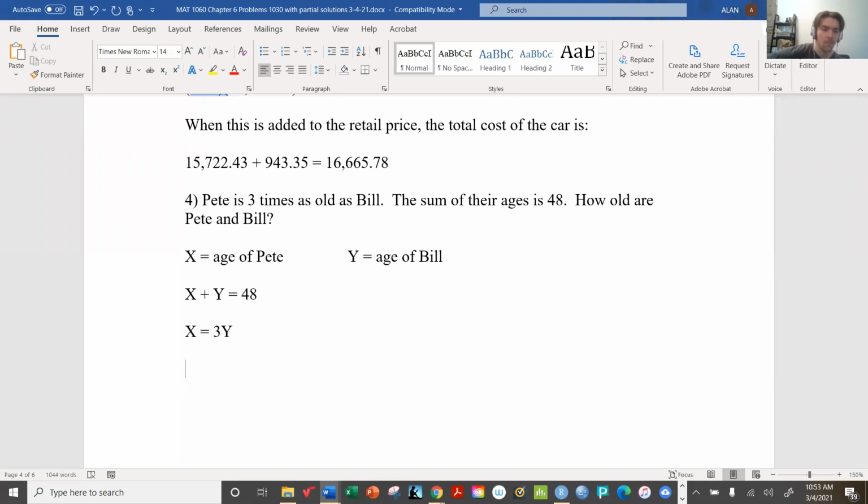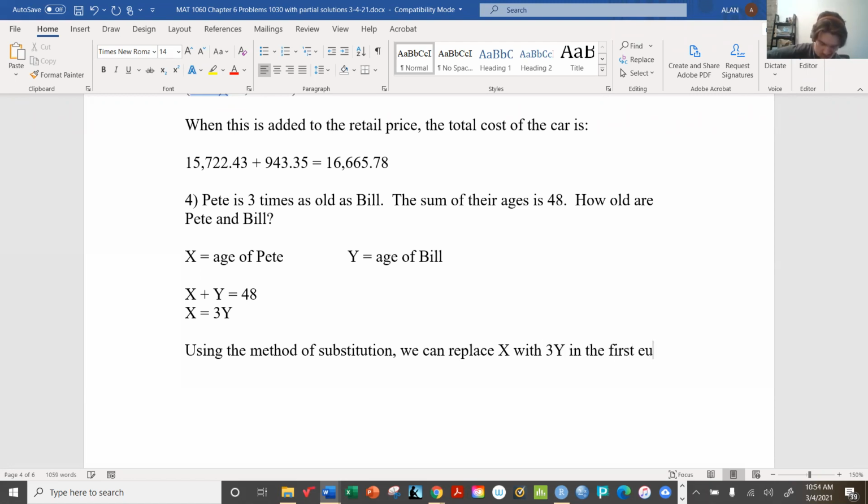Now, you have to be careful with that part. If you get it backwards, you're of course going to get the wrong answer. Pete is 3 times as old as Bill, so we multiply Bill's age by 3 to come up with Pete's age. So we've got 2 equations, 2 unknowns, and then using the method of substitution, we can replace x with 3y in the first equation.